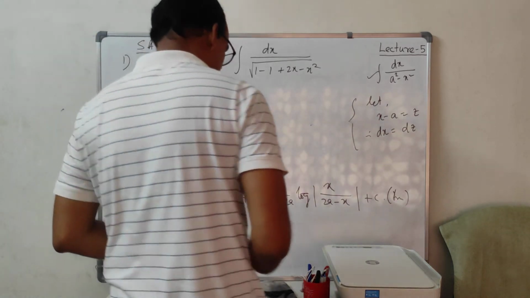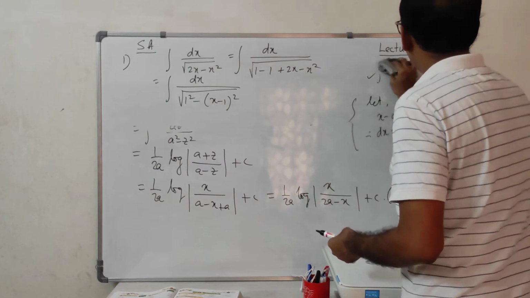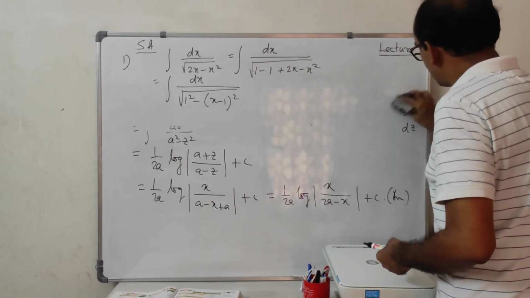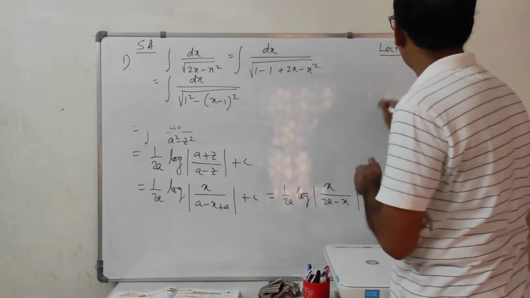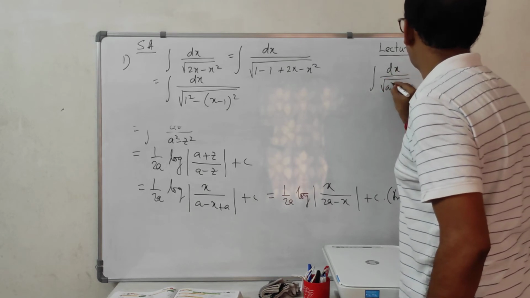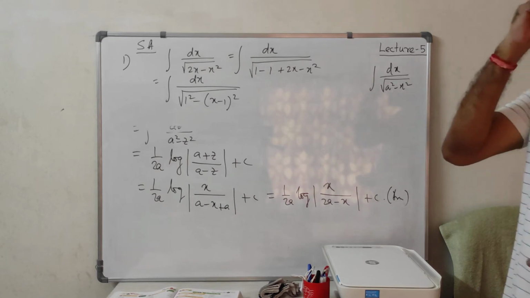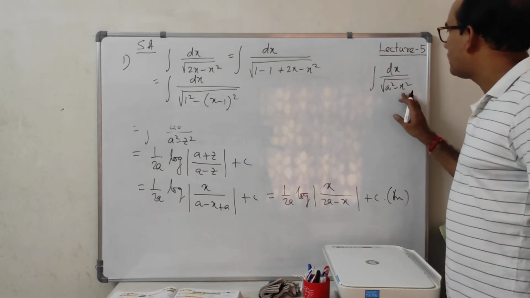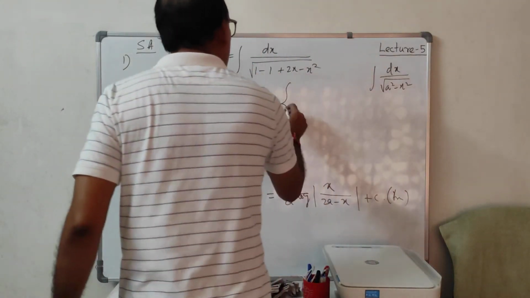So after suitable substitution, you will see this standard integral. I am writing integration dx by root over of a square minus x square. I think it is in serial number 5, standard integral I wrote today. You will see this type of integral after suitable substitution, of course.